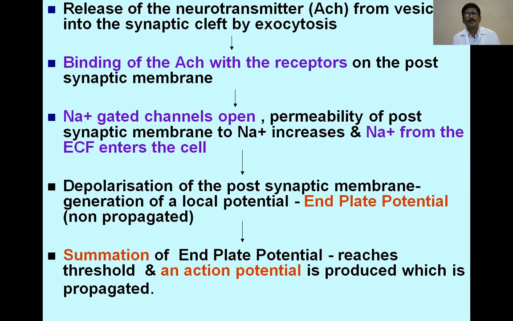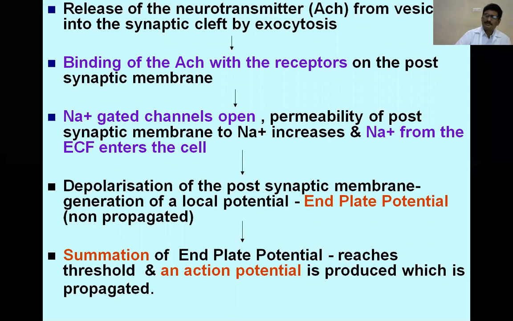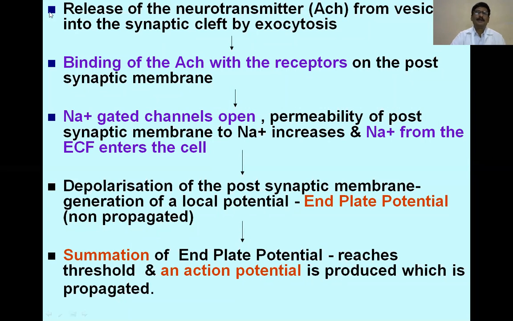Binding of acetylcholine to its specific receptor causes a conformational change in the channel protein, thereby allowing the entry of sodium from ECF into the sarcoplasm, because sodium levels are low inside and more outside, and there is negativity inside.